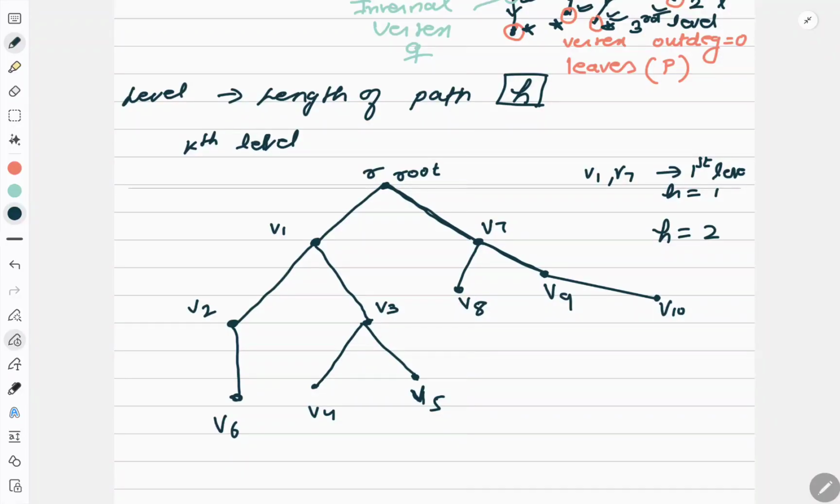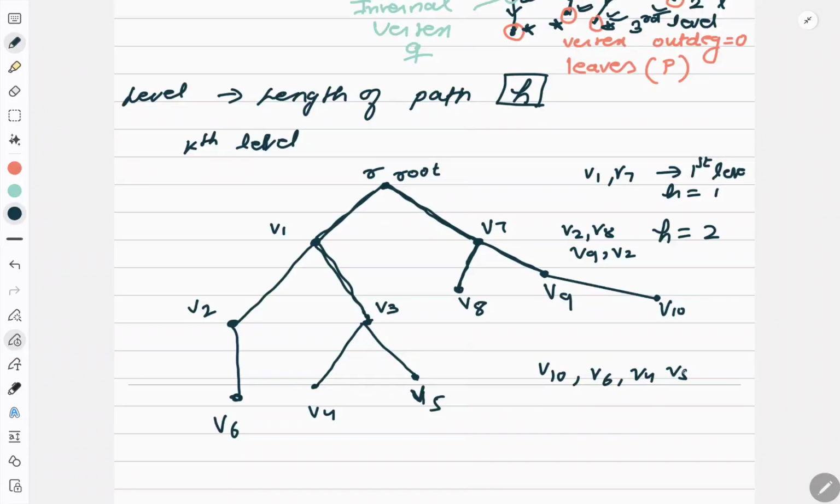V8, 1, 2. V3, 1, 2. V2, 1, 2. Right? Same way for V10, V6, V4 and V5, H is equal to 3. So these are the levels.